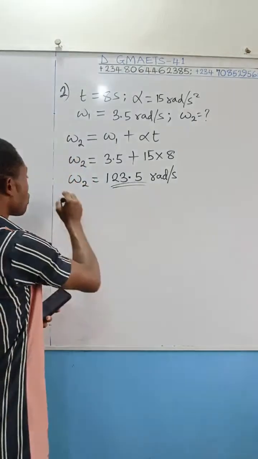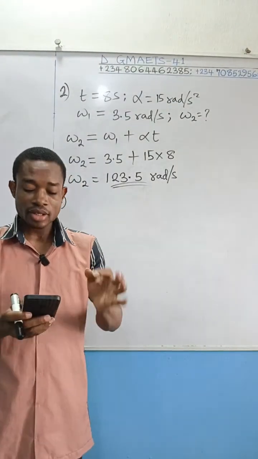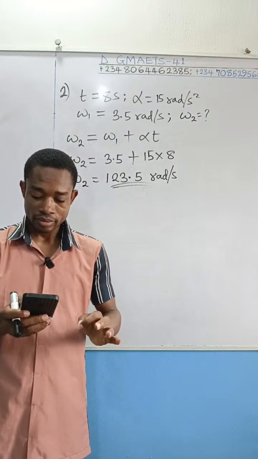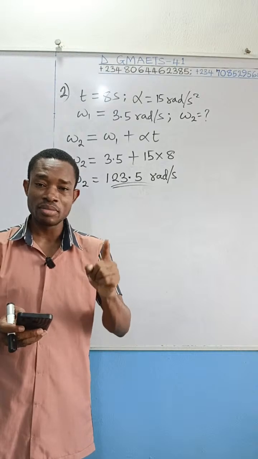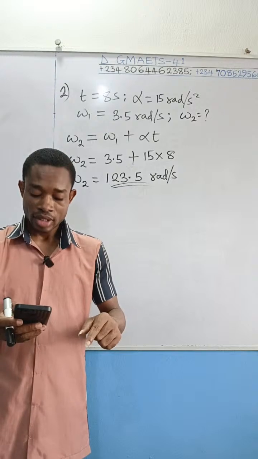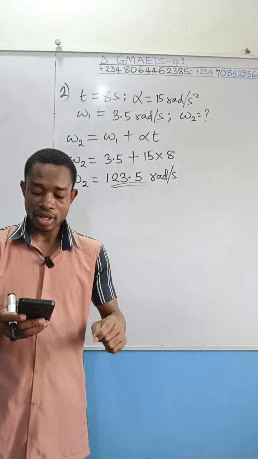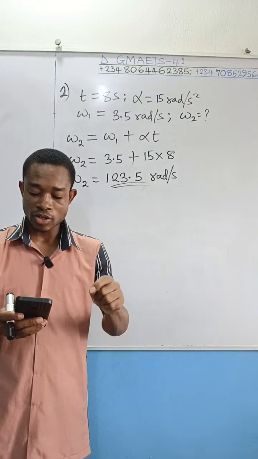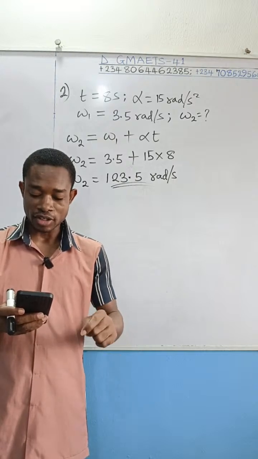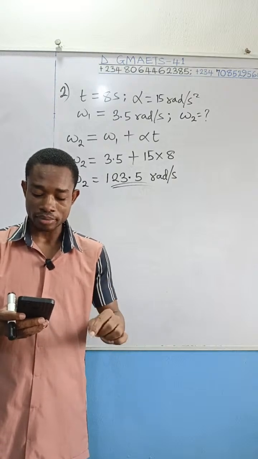The next question I have here, question number 3, reads: a constant torque of 1.56 Newton meter is applied to a rotating solid disk of radius 15 centimeter and mass 5.71 kilogram.